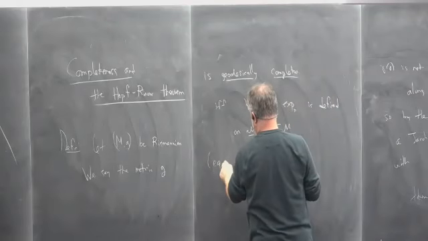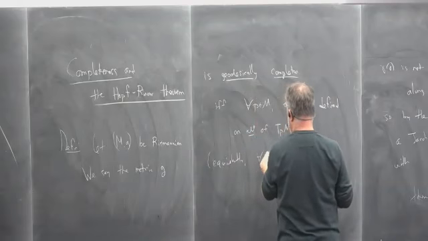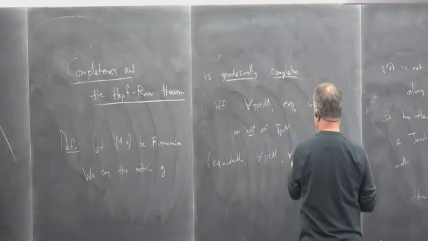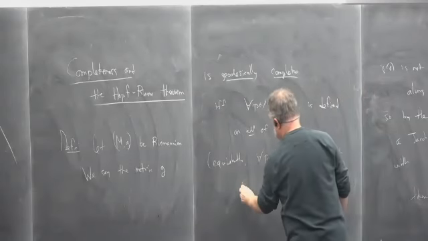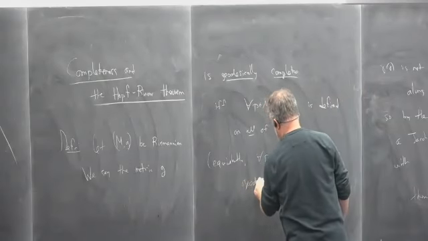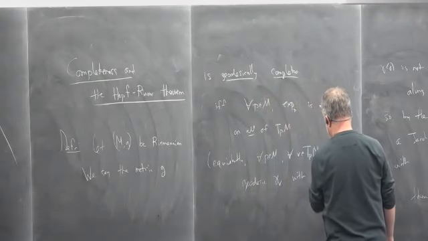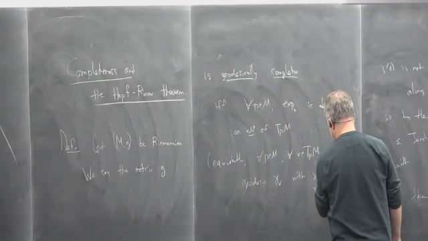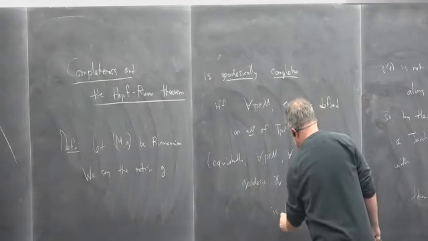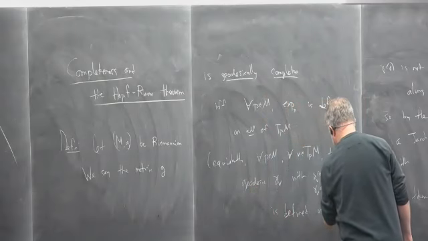Equivalently, for all p in M and for all v in T_pM, the geodesic gamma_v with gamma(0) = p and gamma_v prime at 0 equal to v is defined on all of R.